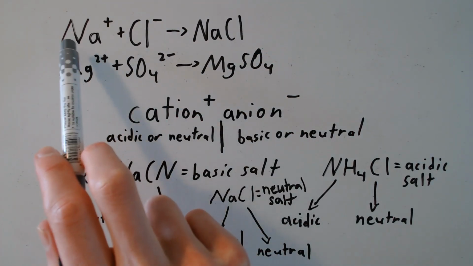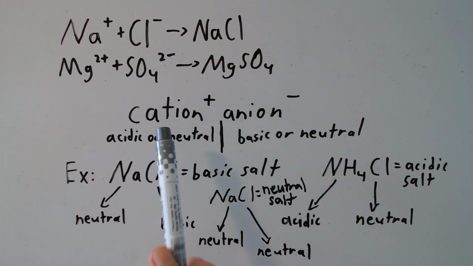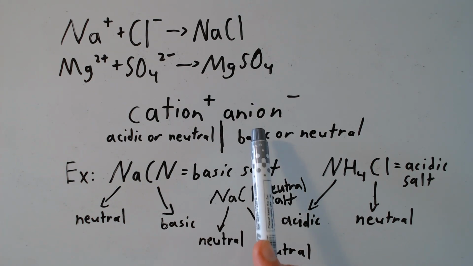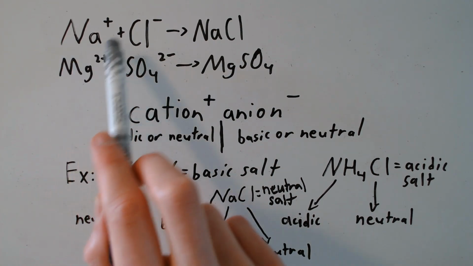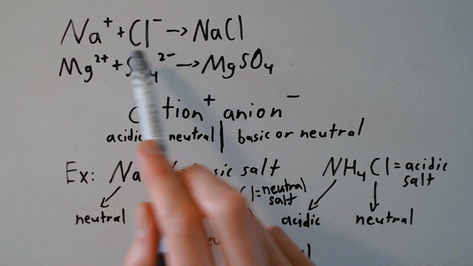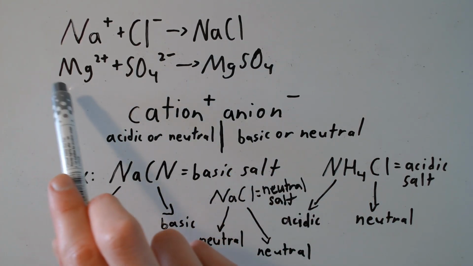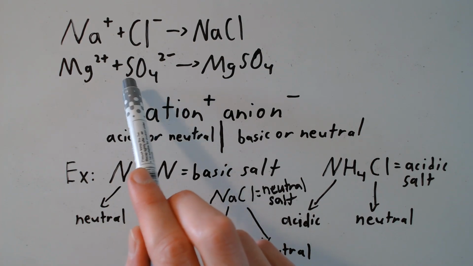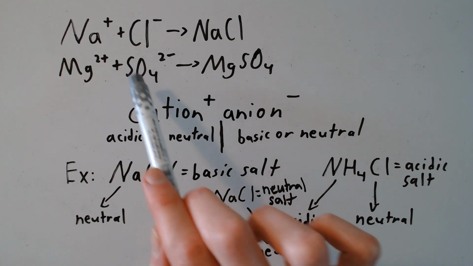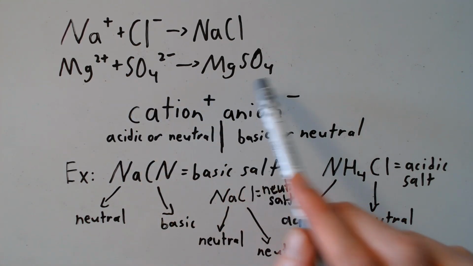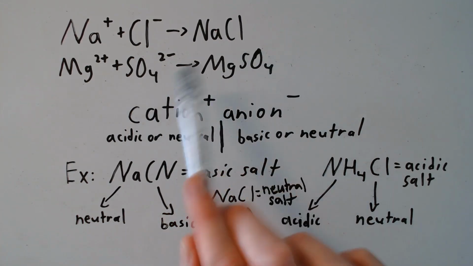It has a positive part and a negative part, the positively charged cation and the negatively charged anion, and these combine to make the salt. For example, NaCl: the Na+ is the cation, the Cl- is the anion, and they combine to make NaCl salt. Here's another example, magnesium 2 plus and sulfate 2 minus. This is the cation and this is the anion, and they combine to make the salt MgSO4.